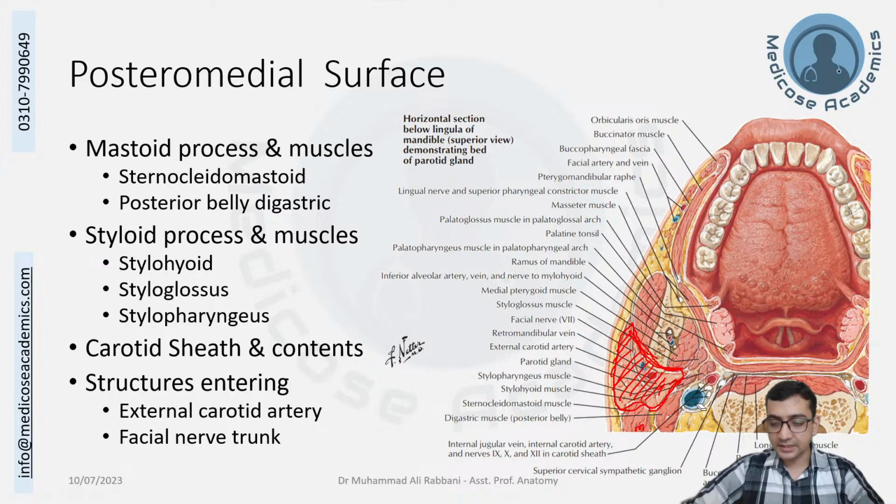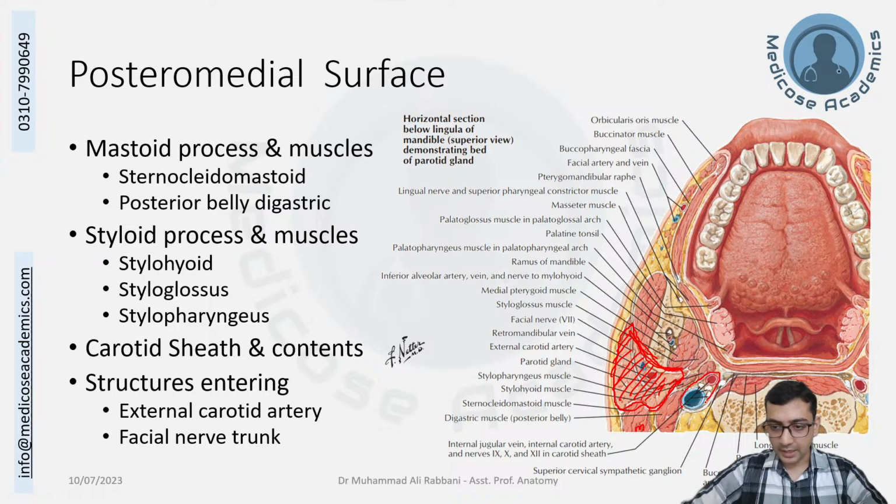Then we can see the styloid apparatus, not actually the styloid process, but the three muscles right here. We can see the stylohyoid, the stylopharyngeus, and the one we are left with, the styloglossus muscle.